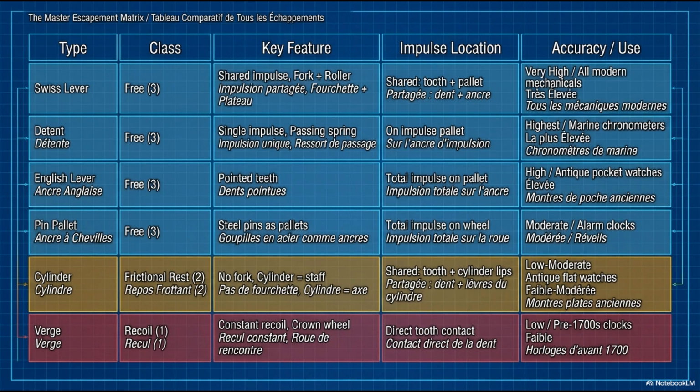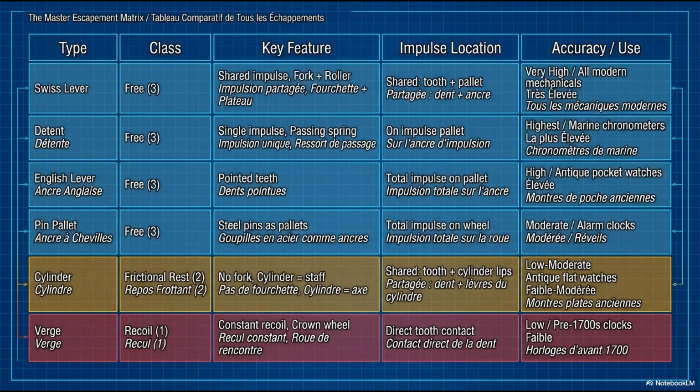Pin pallet, Class 3 free. Key feature: steel pins as pallets. Impulse location: total impulse on wheel, impulsion totale sur la roue. Accuracy: moderate. Use: alarm clocks. Cylinder, Class 2 frictional rest. Key feature: no fork, cylinder equals balance staff.